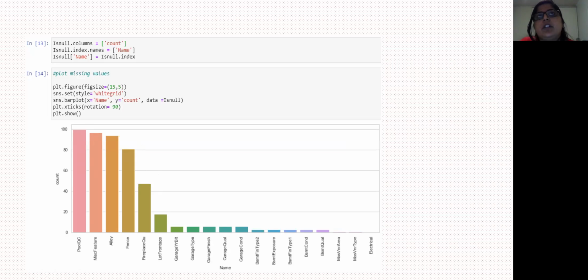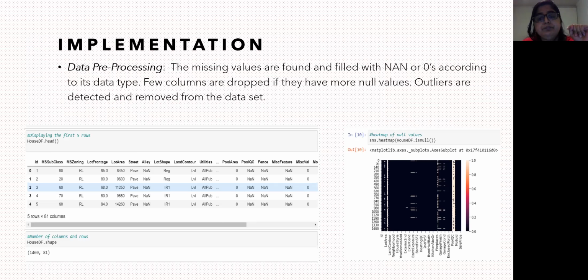You can even drop the ID column, because it's just giving a number to the row, so it is not helping to predict the sale price. After dropping the necessary columns, you can still clean your data by removing outliers. Outliers are the values which are not according to the trend.